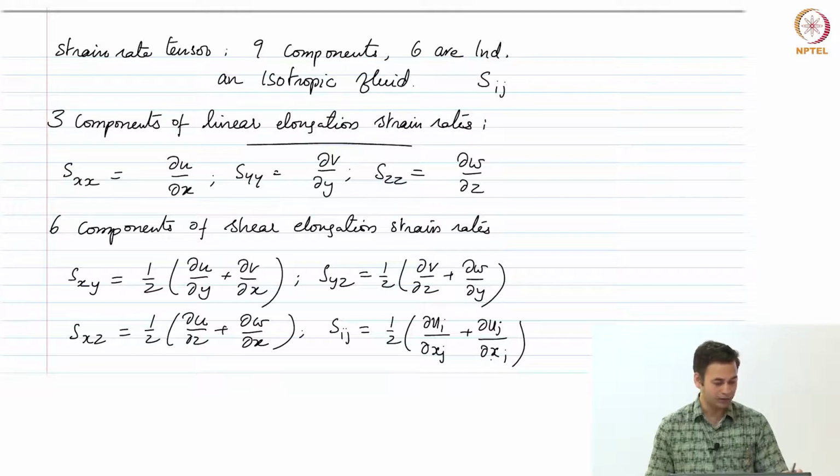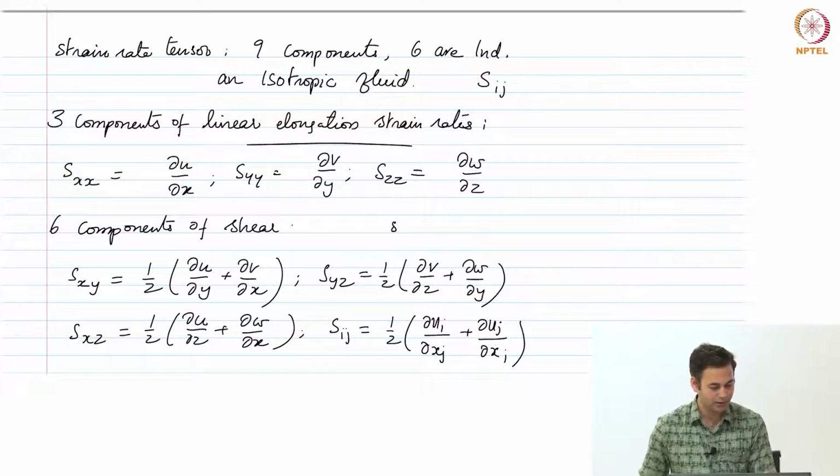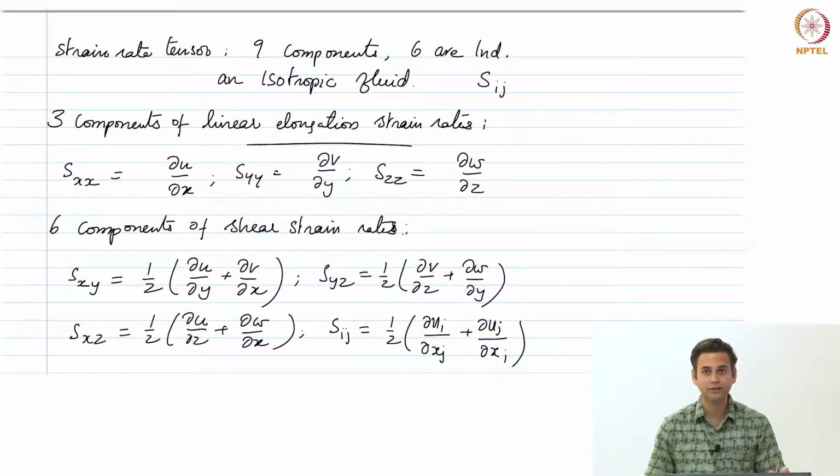And of course, I said 6 components of shear rates. I am sorry, I wrote elongation here, there is no elongation, this is just shear strain rates, right. So what about the other 3? They are the same as this, because of the isotropy, fine.